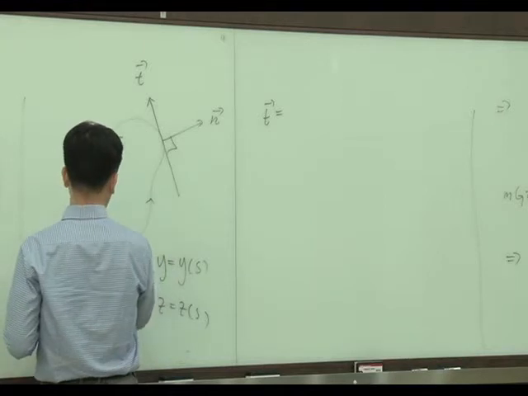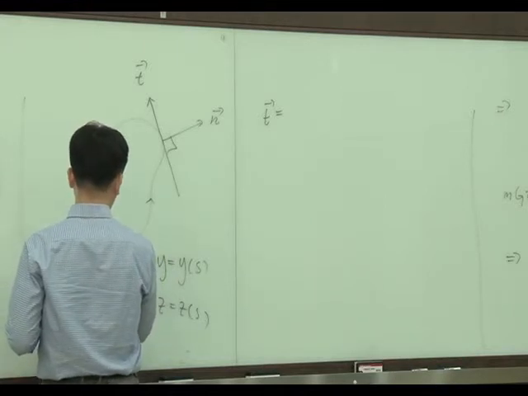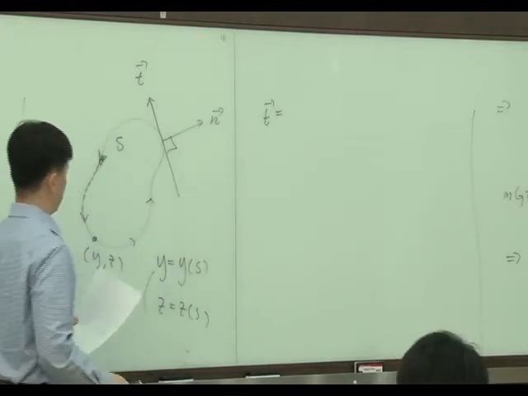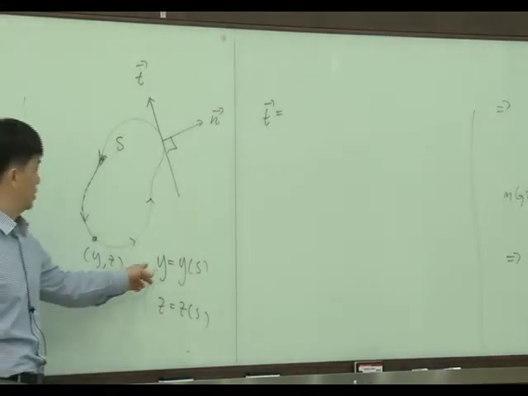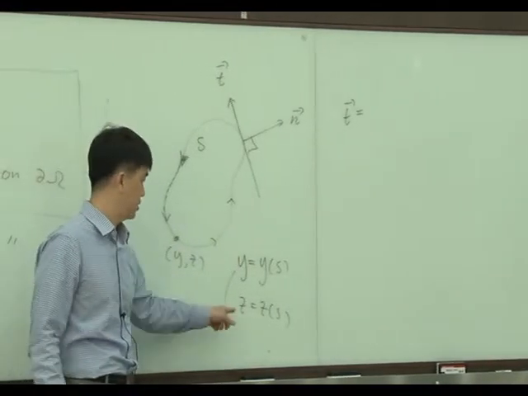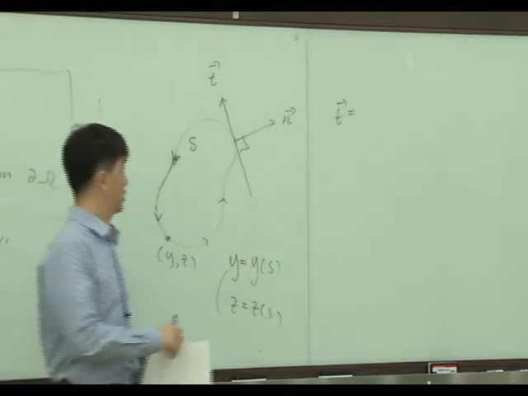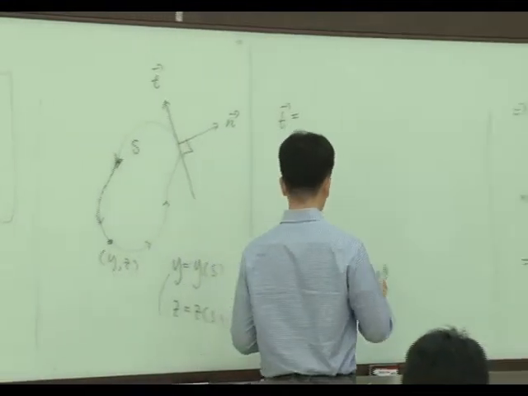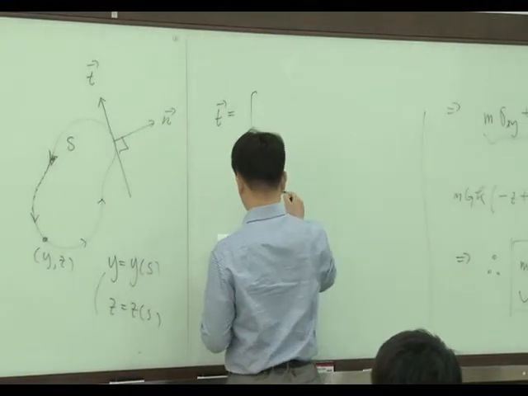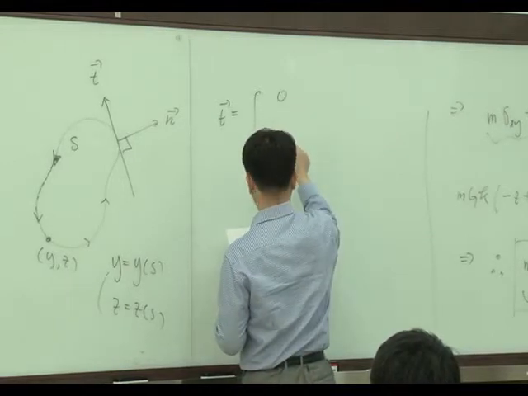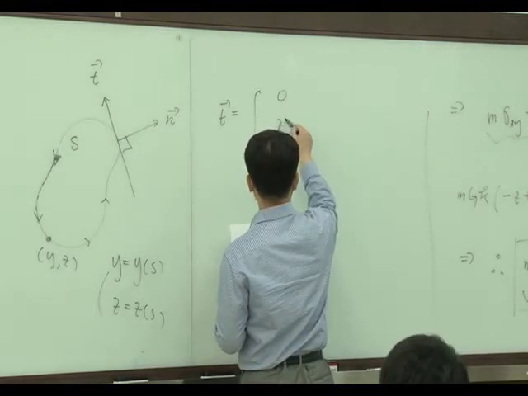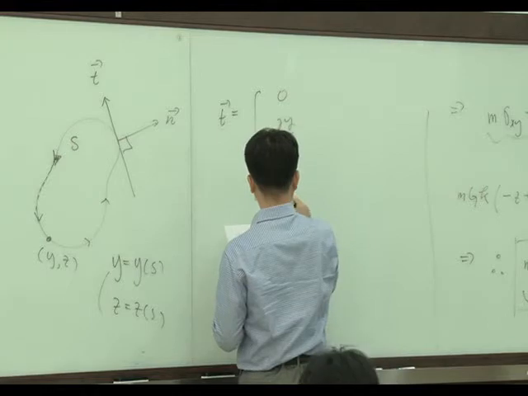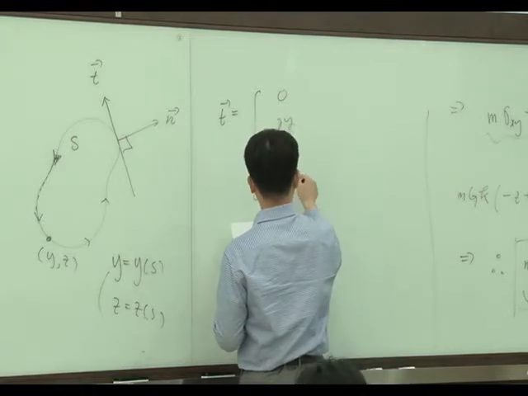So the point is y and z. When y is a function of s and z is a function of s, then we can easily calculate the tangential vector: 0, dy/ds, dz/ds.